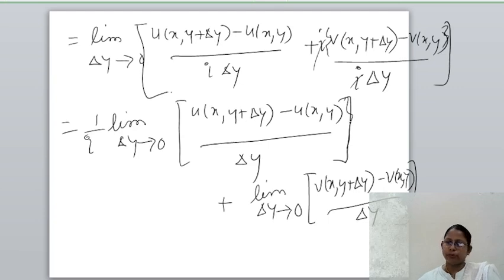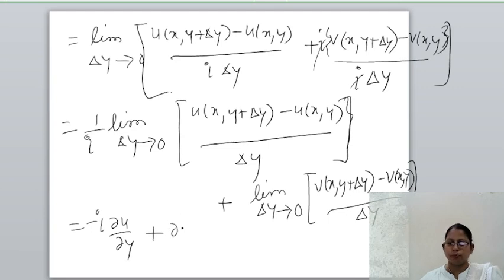Increment is given to y variable, that means this is the differentiation. 1 by i is minus i, and increment is given to y variable, so it is a partial differentiation of u with respect to y, plus this is partial differentiation of v with respect to y. This is, in the left hand side, f'(z).